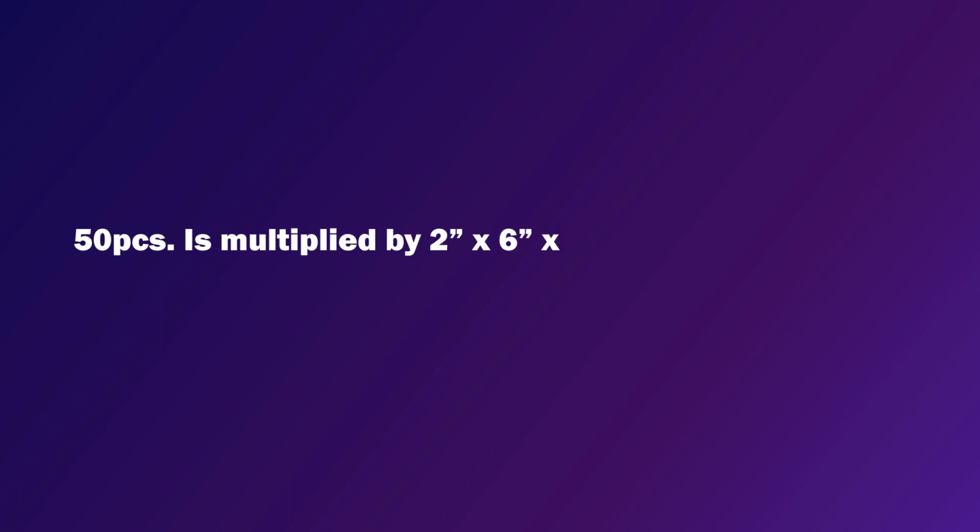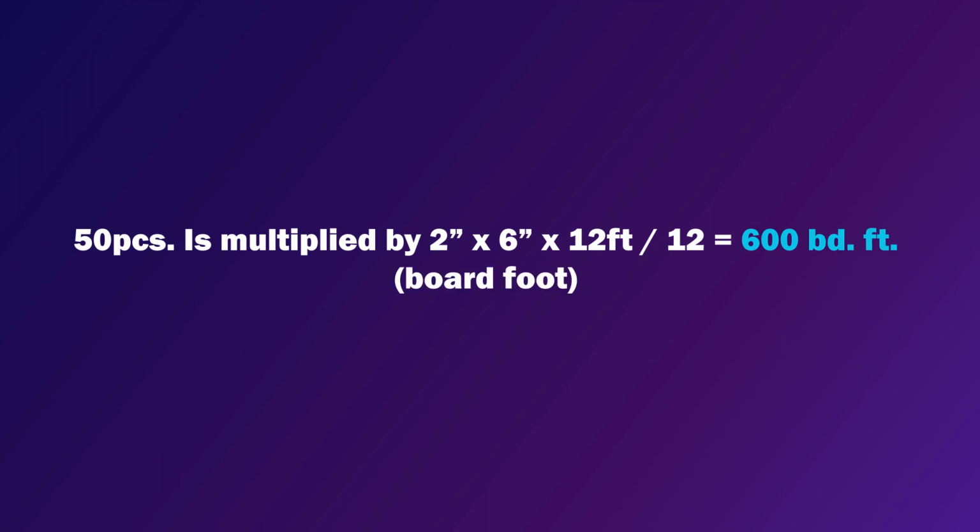So it goes like this: 50 pieces multiplied by 2 inches times 6 inches times 12 feet over 12, and the answer will be 600 board feet. If you doubt it, you can go check and try it in your calculator too.